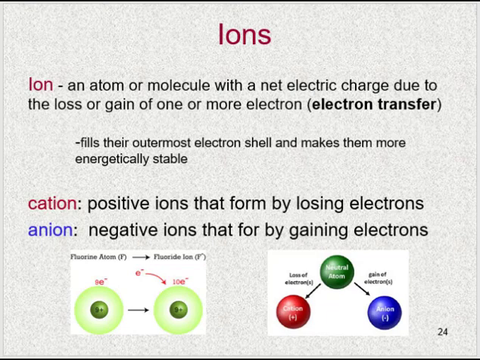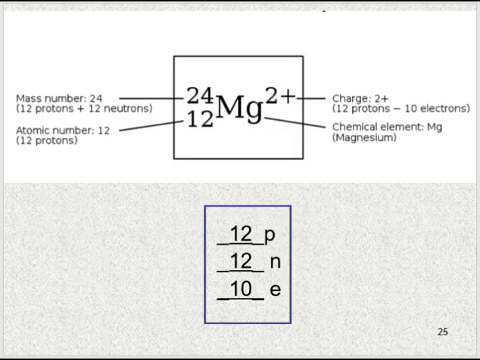An anion is something that gains an electron, so it becomes more negative. It's a negative ion. So when we want to try to figure out the net charge for an ion, we go about it in a similar way to how we would do it for a neutral atom.